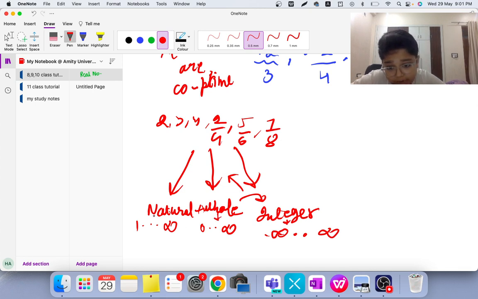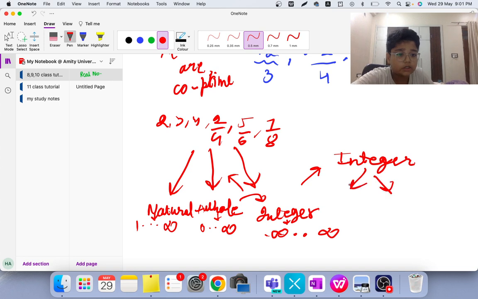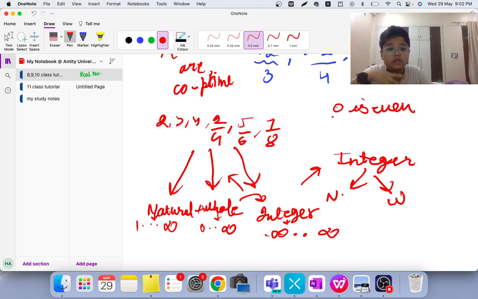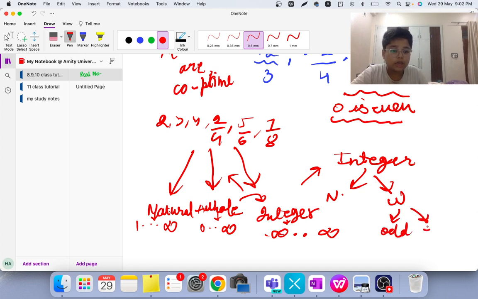Can any one of you tell me, if we take integers first and then divide them into natural and whole, which category would prime, composite and odd-even numbers come in? Let me tell you, they will come in the whole numbers category. Why? 0 is even. Remember this statement. 0 is even. That's why, here has odd, it has even.